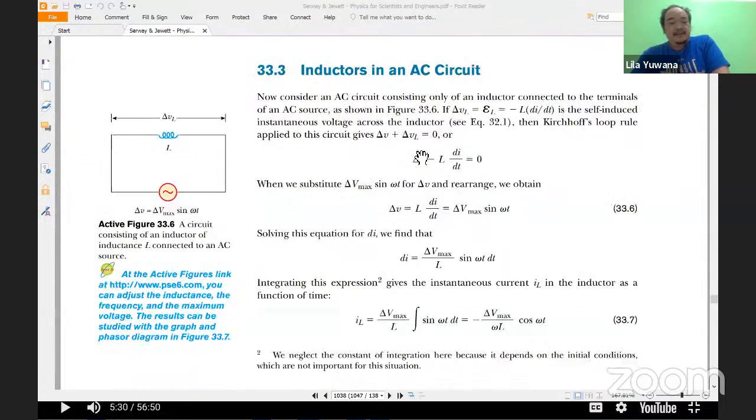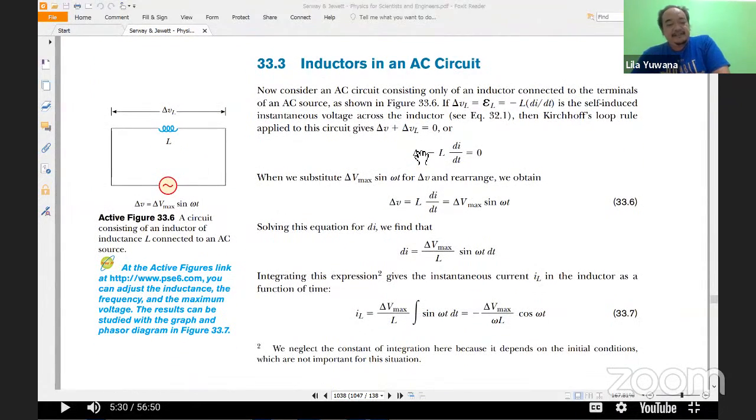Now, what if the circuit contains an inductor? You can see here there is an inductor and the generator, an alternating current generator.